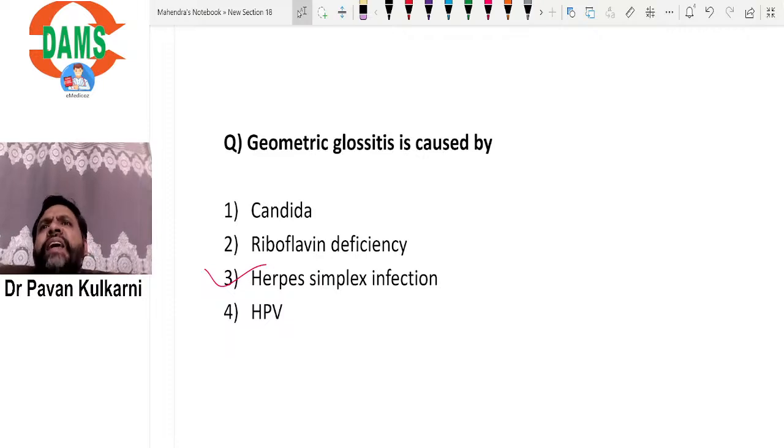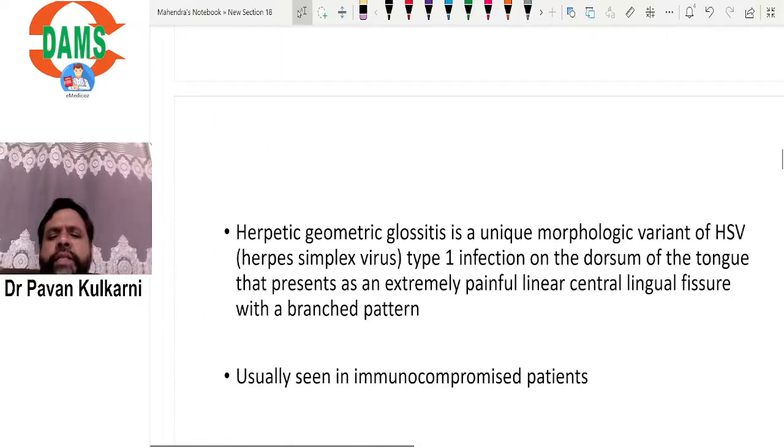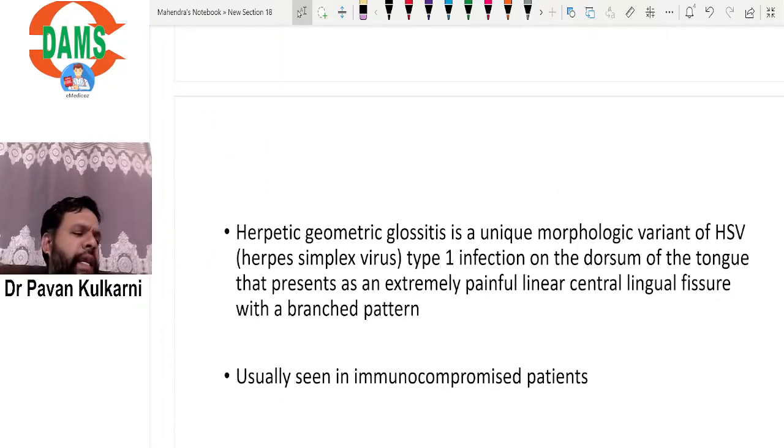Now, do you see this in all patients? No. We see this geometric glossitis particularly in immunocompromised patients. For example, there is an HIV positive patient.